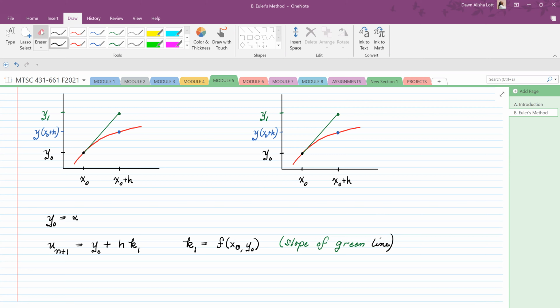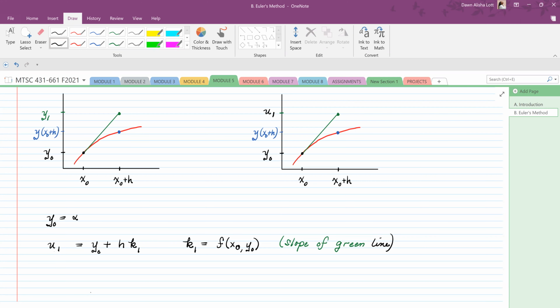So instead, I'm going to call this value u n plus 1, or u1. So u1 says ride out from y naught along the slope and get an approximate value. So u1 is our old y1.